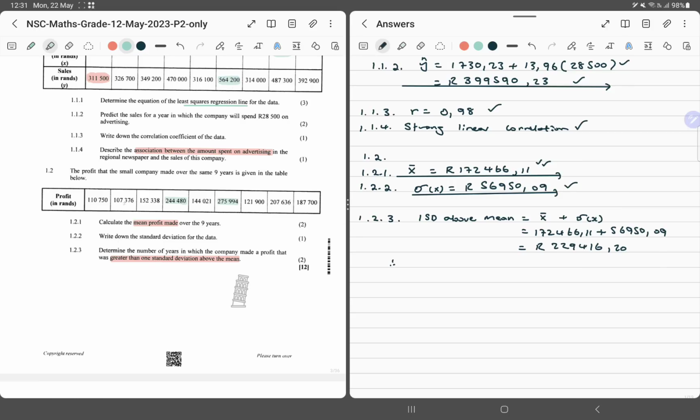So it's just 2 years, because the rest of those profits are less than that value. So it was only 2 years.